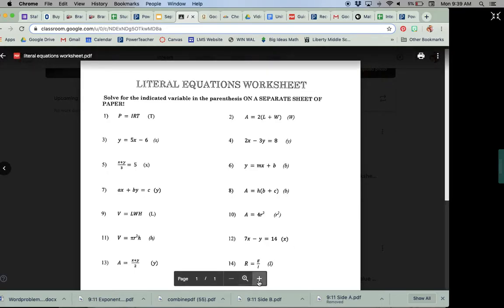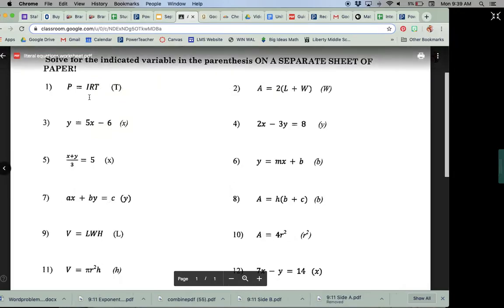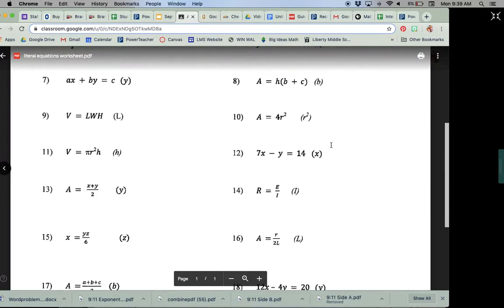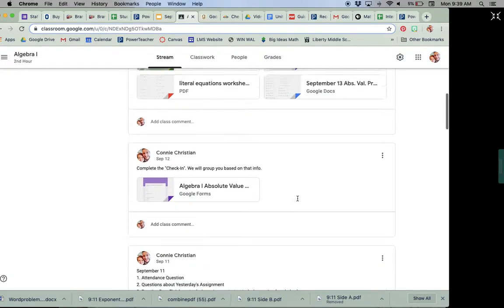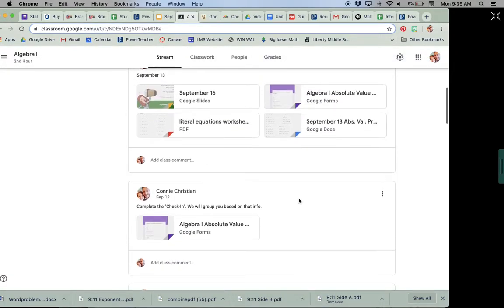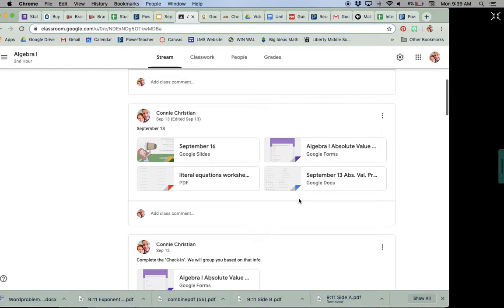For example, on number 1, it says P equals IRT, and the T is in the parentheses, so you're solving for T. Number 2, A equals 2 times L plus W. You're solving for the W because it's in the parentheses. The key is posted in the keys section in the Google folder. What questions do you have before you get started? You can just do this in your notebook if you wanted to.